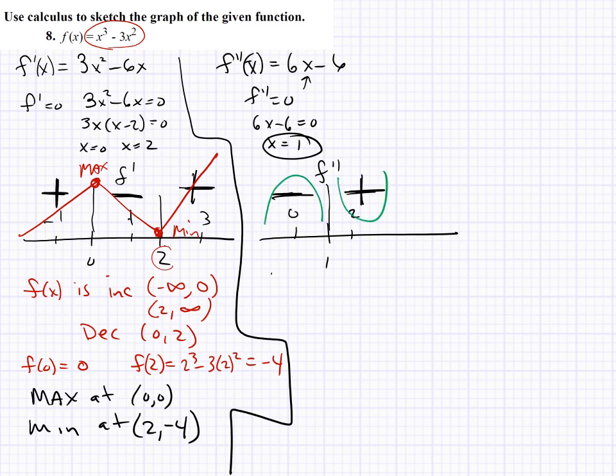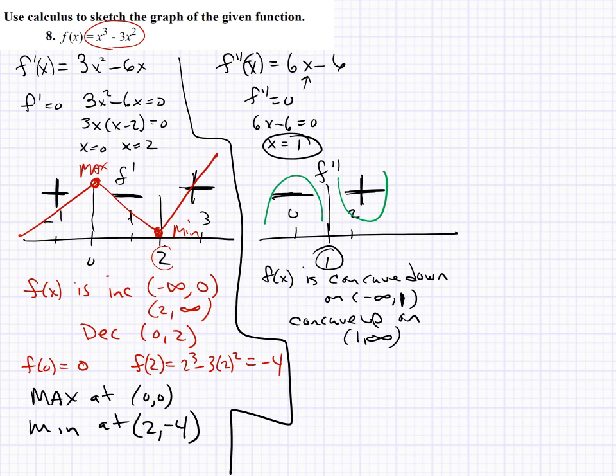So we could say f of x is concave down on -infinity to 0 and concave up on 0 to 1. This value right here is 1. And 1 to infinity. And f of 1 is going to be 1 minus 3, so -2.